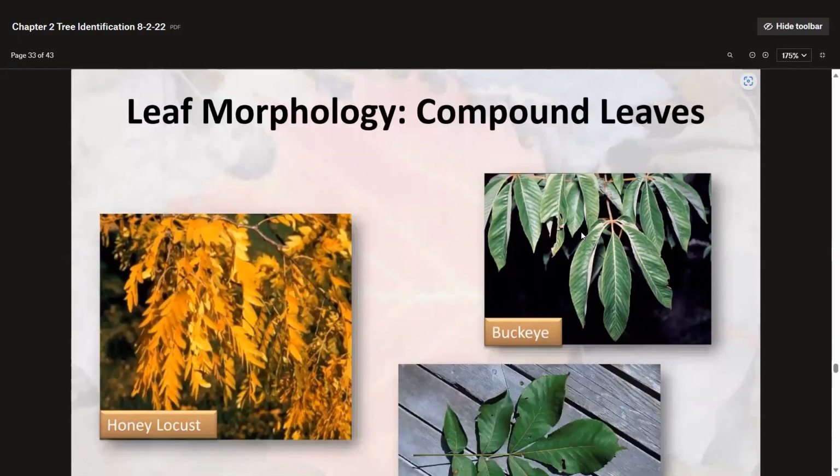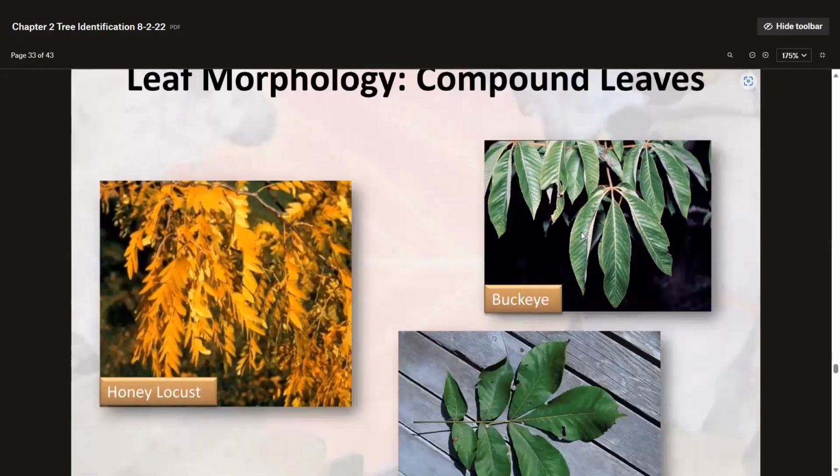Okay, so for compound leaves, here's a couple of different varieties. You have a buckeye. What shape would that fan out to? Yeah, if you think palmate, you're correct. Okay, your honey locust on the left, that's going to be more of that long petiole, right? And coming off bipinnately, right?